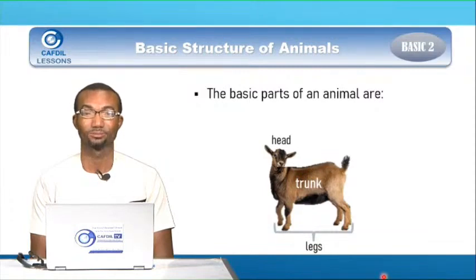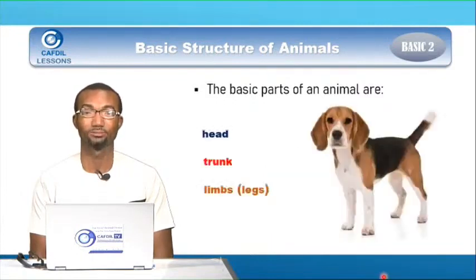The limbs can be hands and then legs. But if you look at the goat, it uses all four limbs to walk. So the goat has four legs: two in front called forelegs and two at the back called hind legs.